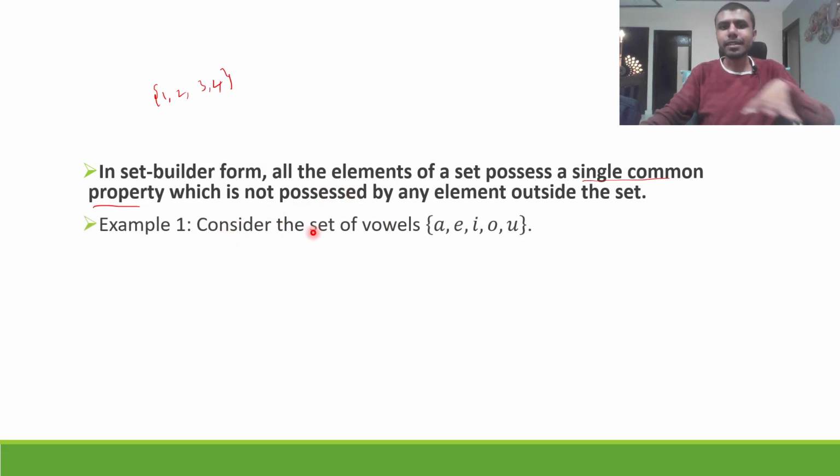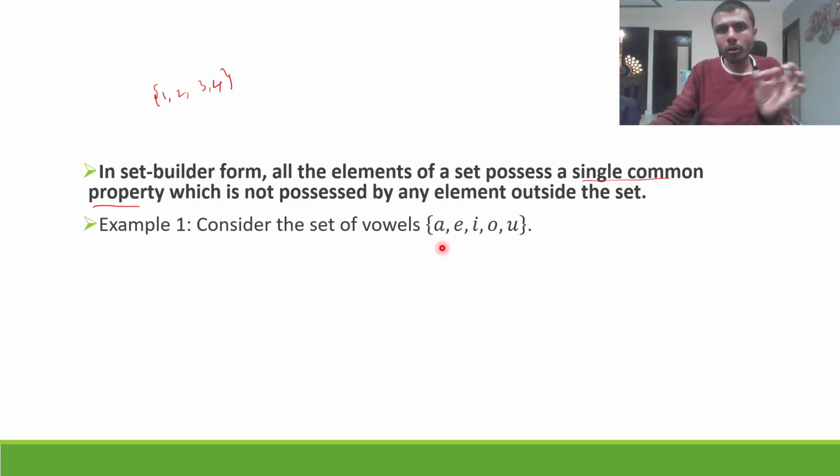For example, consider the set of vowels A, E, I, O, U. In the set of vowels, I for sure know that you will not find B in it, right? Now let's say this is roster form or tabular form, and I want to write it in set builder form. Just observe this set.